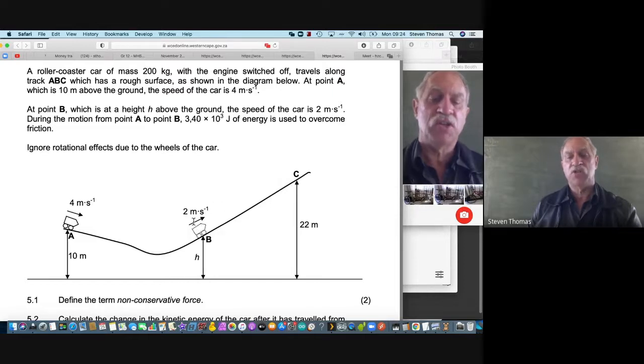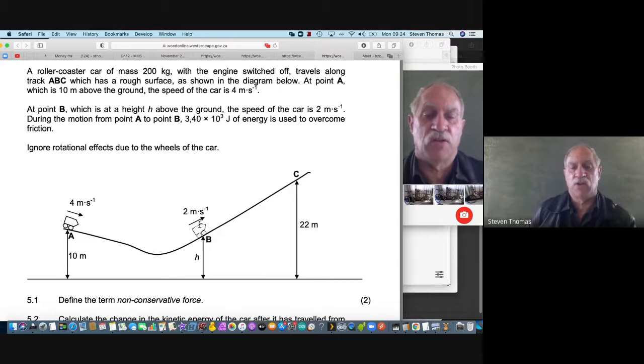So what is the net work done on this? What work is done on this trolley going from there to there? There's frictional work. So there's a force times a distance. Is this trolley going up? Yes, it's going from whatever height we worked out up to this height, 22.